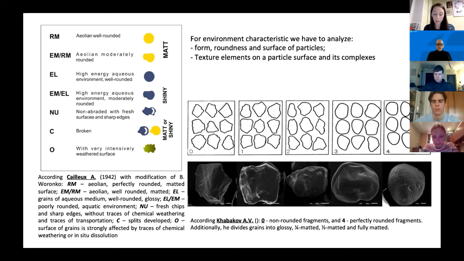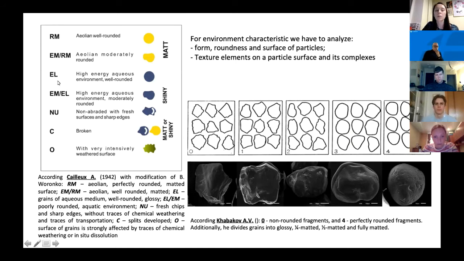One of the classifications based on assessment of roundness and matteness was developed by Cailleux, and it was later modified by Voronka. Here we can see 7 types of grains, RM, EM, and so on. For example, RM are well-rounded grains, and the surface of these grains is usually matte.